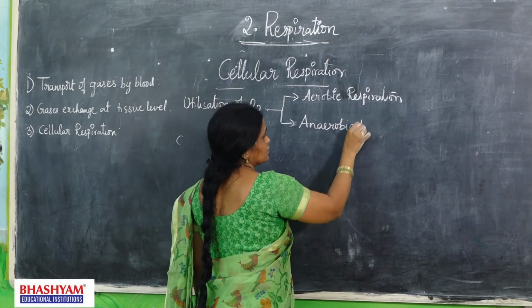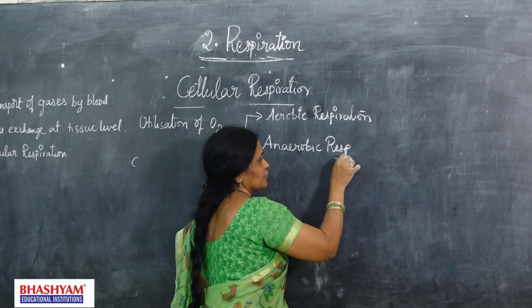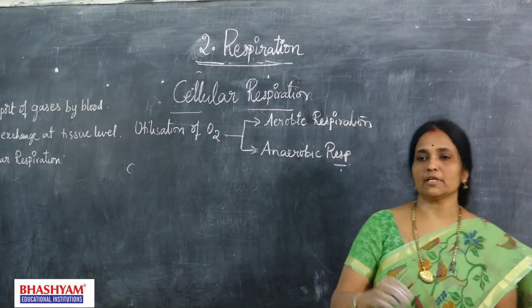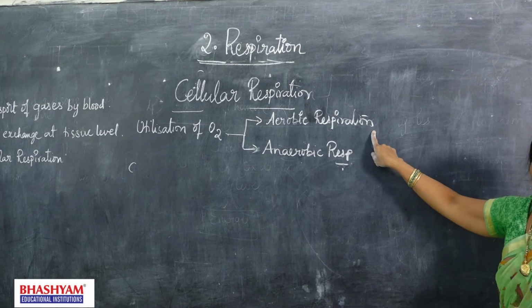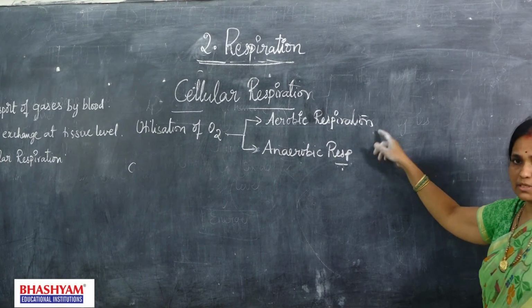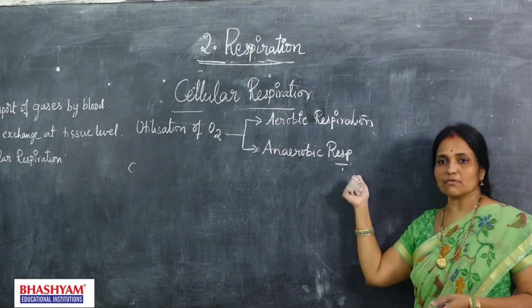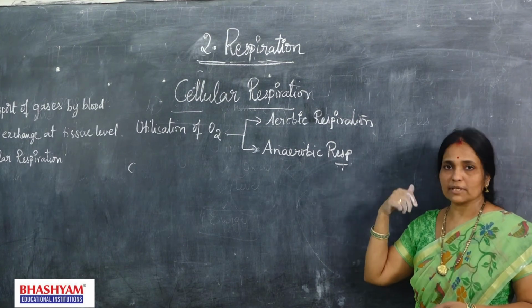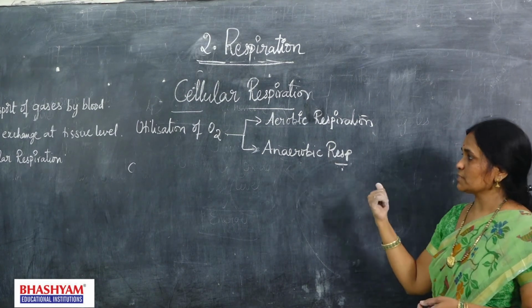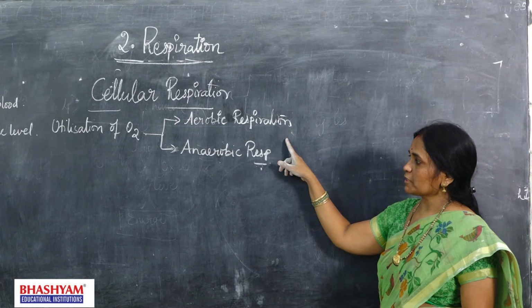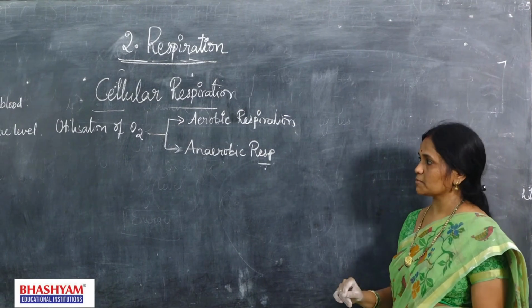Aerobic respiration is respiration in presence of oxygen. Respiration in absence of oxygen is called anaerobic respiration. Based on this, the products of aerobic respiration differ from anaerobic respiration.